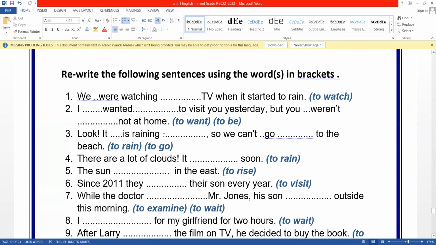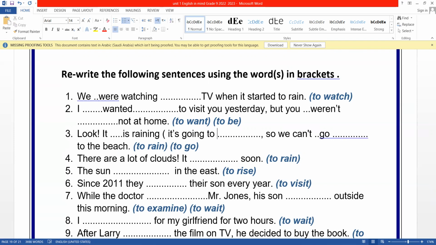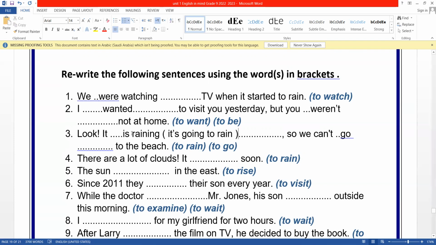We have the verb rain and go. Or look, we can say, put it in the future, it's going to rain, because we are talking about something expected to happen in the future.